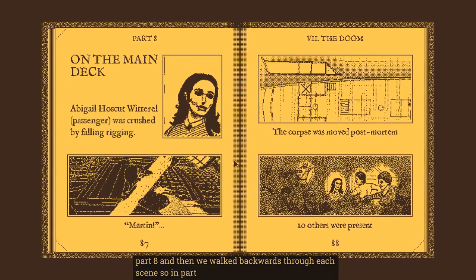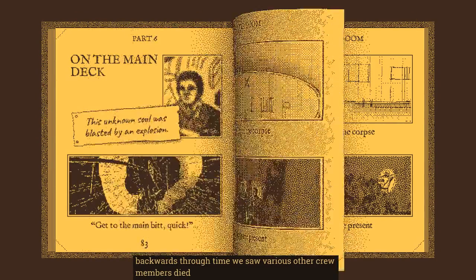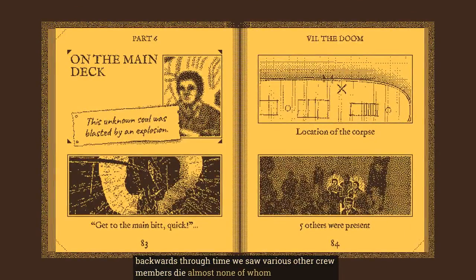In Part 8, Abigail Hoskett-Witterell, the captain's wife, who was a passenger aboard the Obra Dinn, was crushed by a falling beam from the rigging. However, this happened to her because a kraken had been attacking the ship. And as we worked backwards through time, we saw various other crew members die, almost none of whom we could put names to.